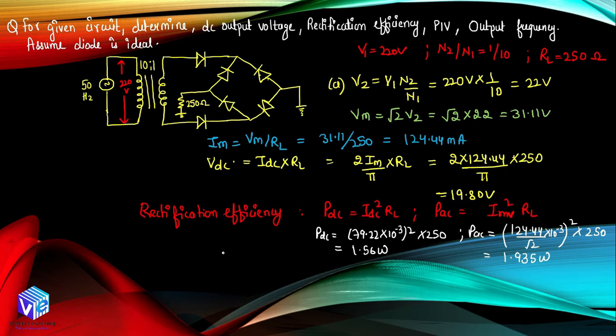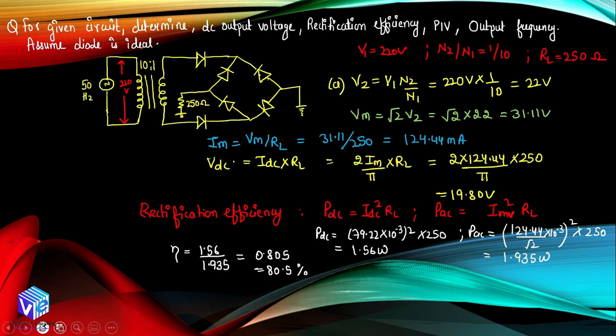Now efficiency will be equal to PDC upon PAC, which is 1.56 upon 1.935. You can calculate it to be 0.805, or we can write it as 80.5%, right?